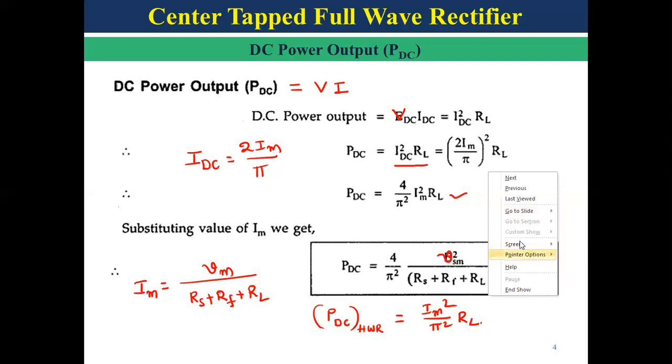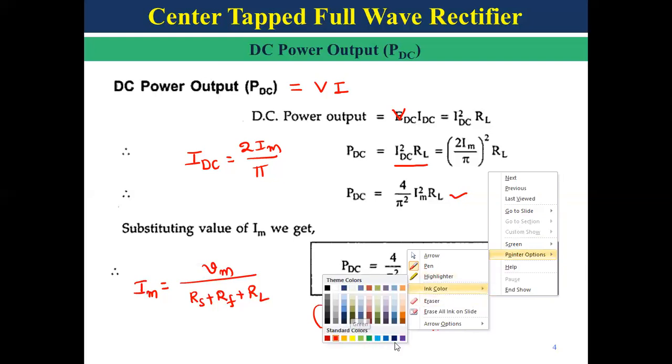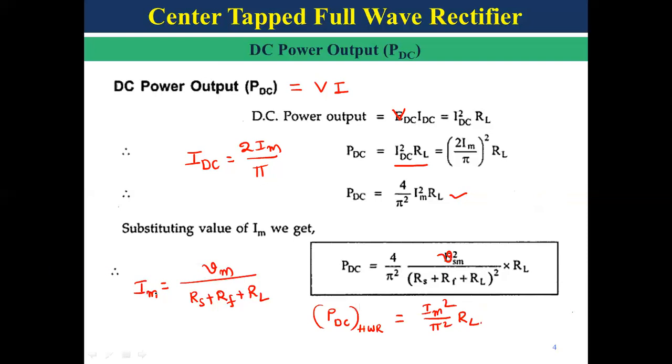So we can write PDC of full wave rectifier is equal to 4 into PDC of half wave rectifier.